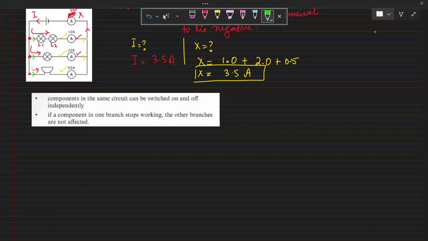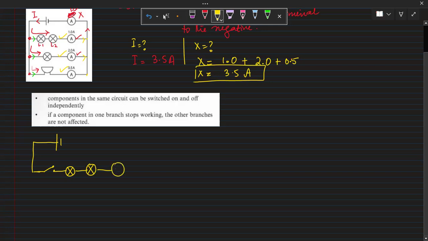Now I want to discuss the advantage of connecting components in parallel. If the components are in parallel, you can control each component independently. In the circuit we have here, I can connect switches separately and control each branch independently.